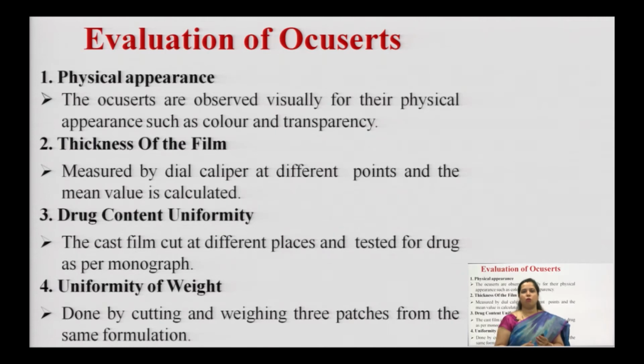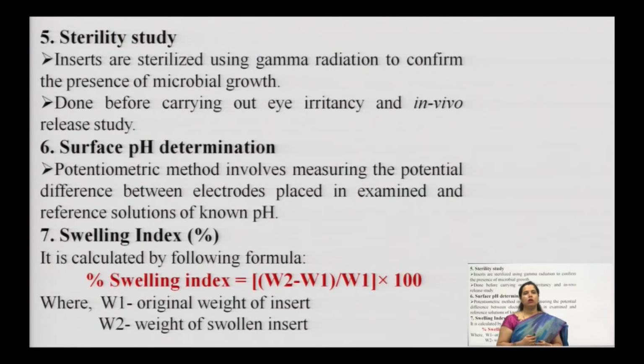That means if the drug content is variable in different ocuserts prepared in the same batch, it may give different types of therapeutic effect in patients. So, it is very important to identify the weight of ocuserts prepared in the batch, and to assure that the weight of all the ocuserts remains uniform. It is done by cutting and weighing 3 ocuserts from the same formulation batch. So, it can be evaluated like this.